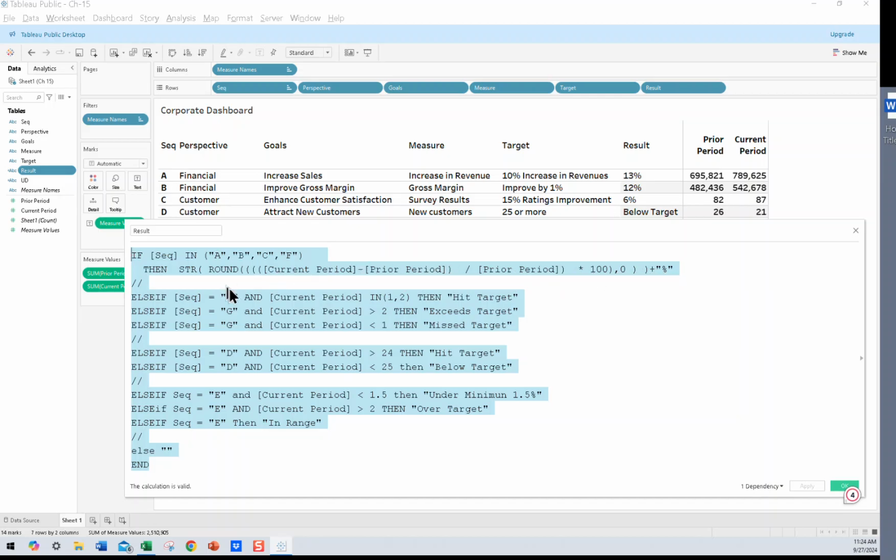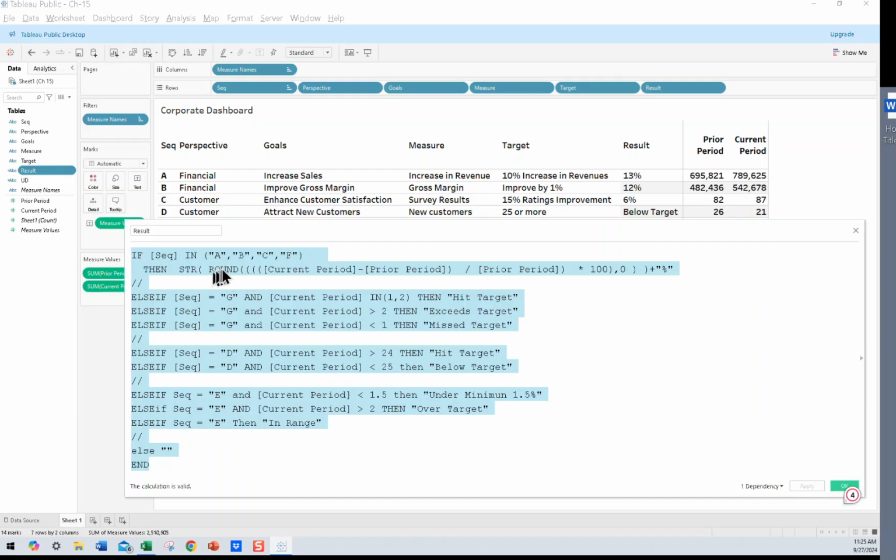And here's the calculation. We take the current period minus the prior period. We have parentheses around them. We divide by the prior period, and there are parentheses around that calculation. We multiply times 100, parentheses around that calculation. That's why they have so many here. The left side keeps getting them.